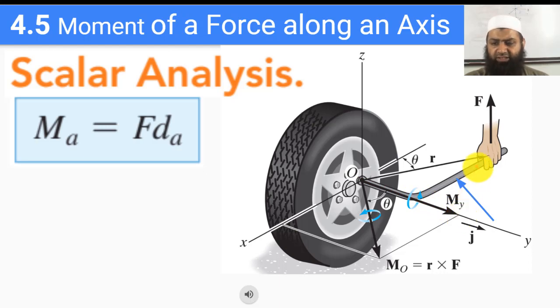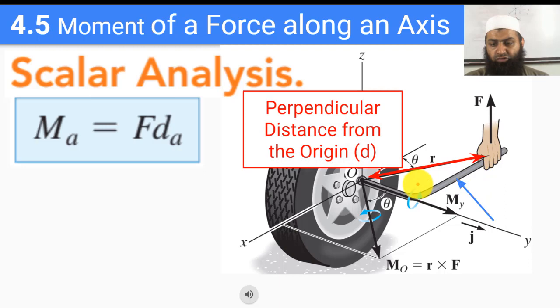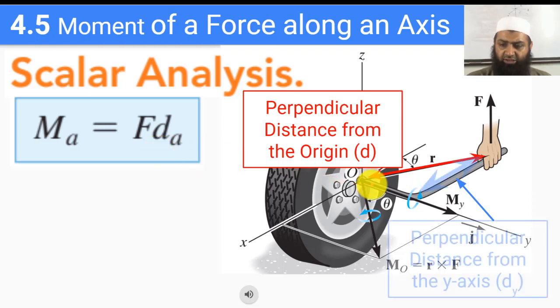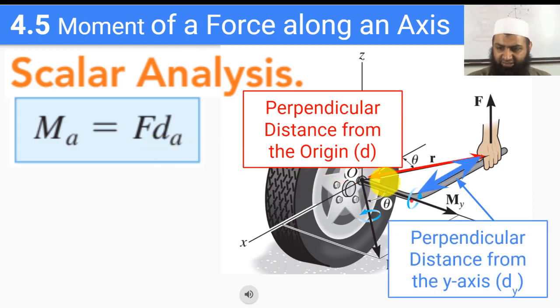If we were to find the moment of this force about the point O, we would be using this distance which is given as r. This is the perpendicular distance from the point of action of force to the point O. But because we are trying to find the moment of a force about an axis, we would rather be using this length.